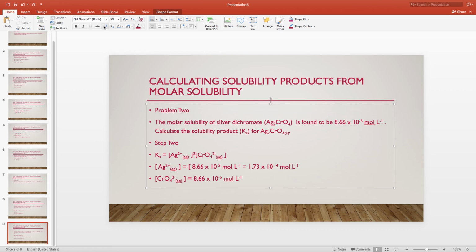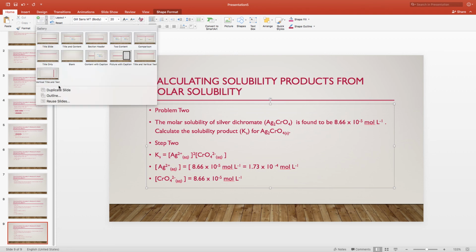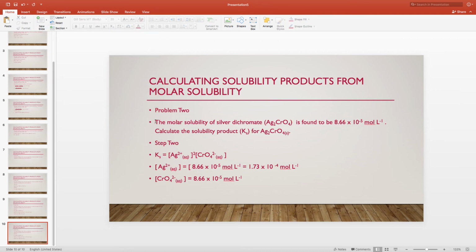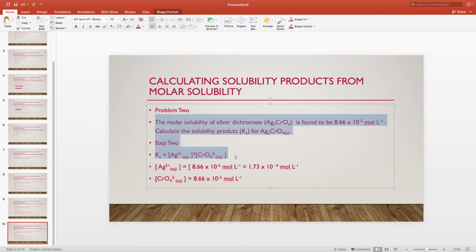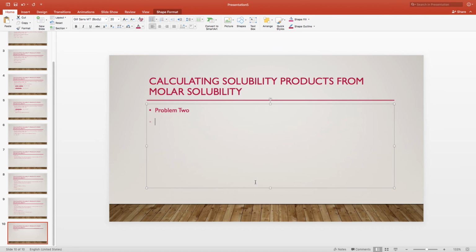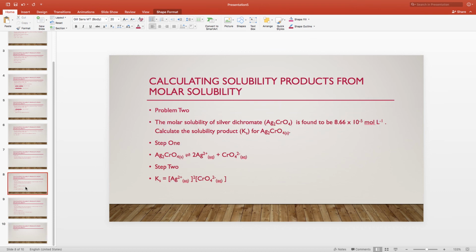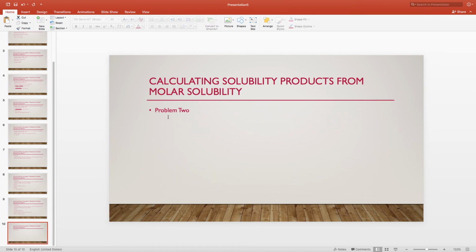And we put those values into the equation and do our math. So let's go ahead and do that. So here's the Ksp. Let's put that in. So this is now step 4.